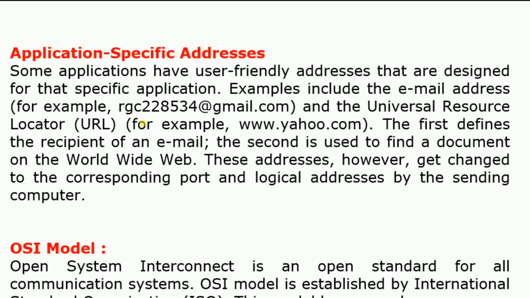First we have seen physical address, logical address, port address, and application specific addresses. Physical address is to identify the device, and the logical address is to transfer the data from one network to another network, and the port address is to identify the process if there are many processes on the network.